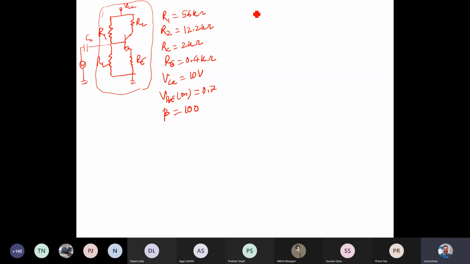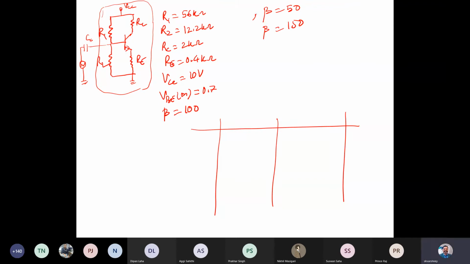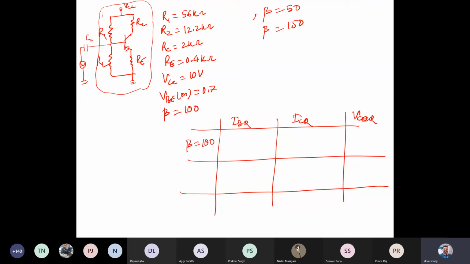Now if I change the beta, let's say beta is 50 and beta is 150, you fill up the table: IBQ, ICQ, VCEQ, for beta 100, beta 50, and beta 150. Right? So let's work it out.